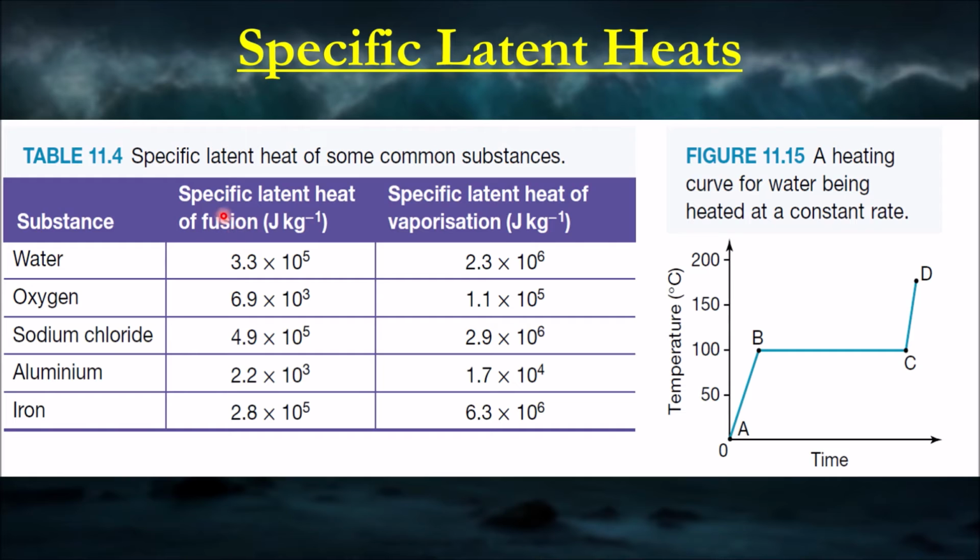You can see the latent heat is generally higher for the transition of solid to liquid for most metals, while the latent heat of vaporization is a much higher value as well. So it actually takes more energy to break off the bond completely than it is just to cause a minor gap separation. So that's why the latent heat of vaporization is much higher.